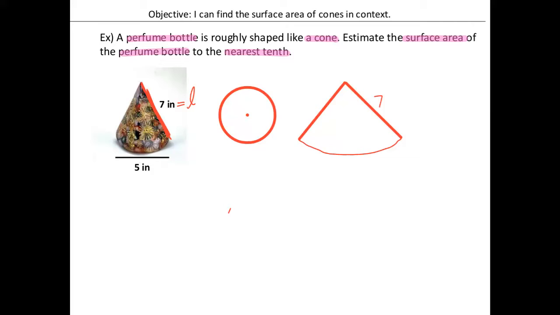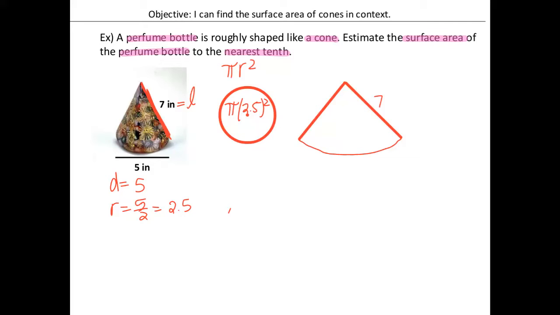And then the diameter is given to me. That 5 is the diameter. So for my radius, I'm going to take half of the diameter. 5 divided by 2 is going to give us 2.5 for my radius, right? Then to find the area of the circle, I'm going to go pi r squared, so this is pi times 2.5 squared.